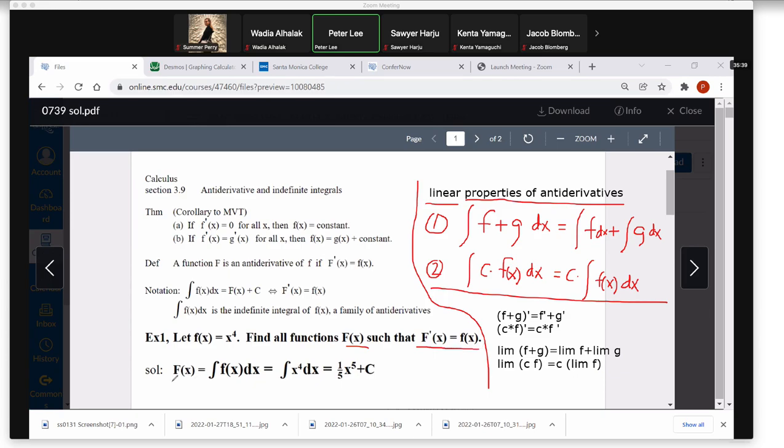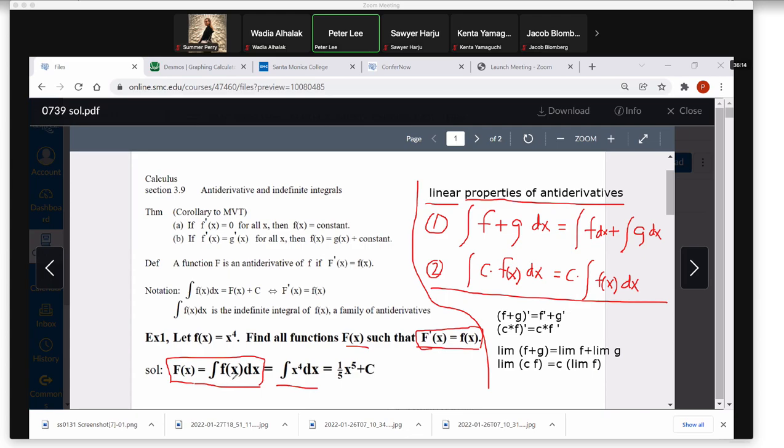Solution: this relation is the same thing as saying that capital F is the antiderivative of small f. If the derivative of capital F is equal to small f, then we say that capital F is the antiderivative of small f. So these two are exactly the same statement.